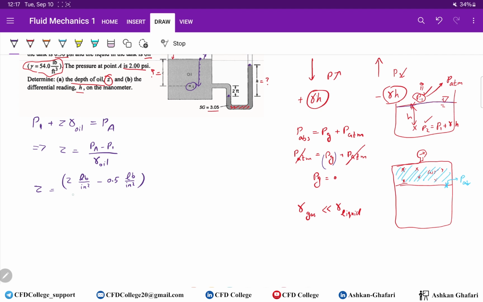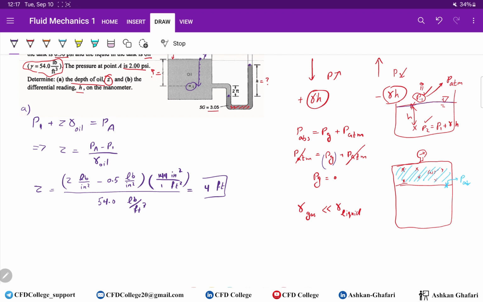We have to convert it to feet, I mean the inches. So 144 inches square equals 1 feet square. And in the denominator we have gamma of oil, which is 54 pounds per cubic feet. So Z equals 4 feet.